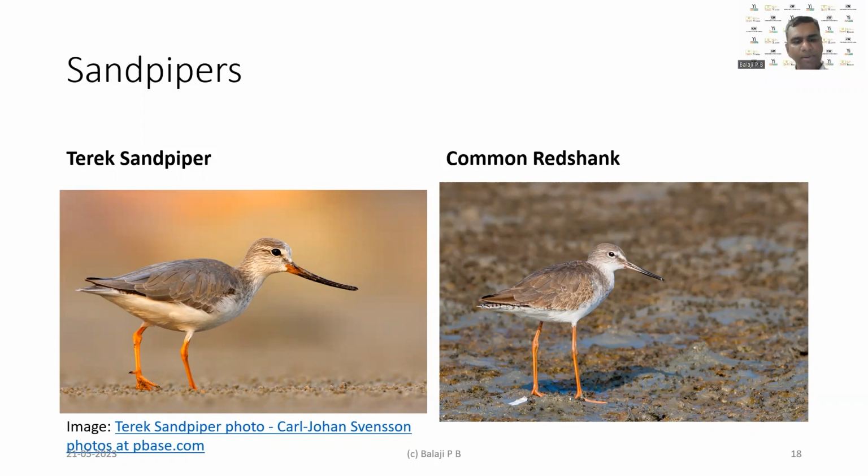So people normally confuse the two. But the main differentiating factor is that in the Terek sandpiper the beak is curved upwards, whereas in the common redshank the beak is quite straight. So you can see the shape of the beak of the Terek sandpiper and the common redshank. That's how you tell them apart.